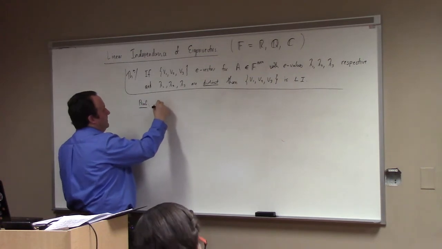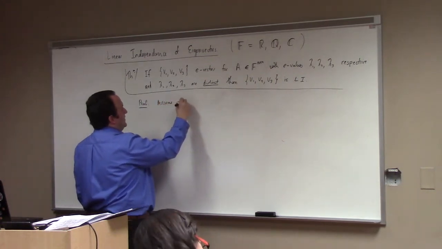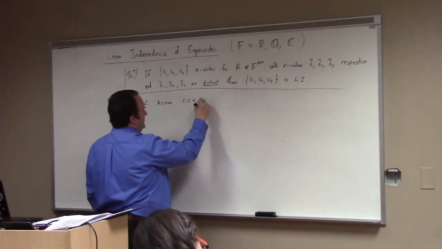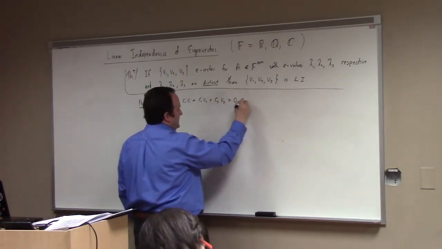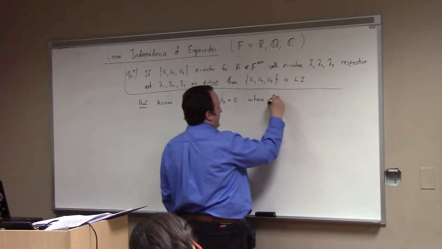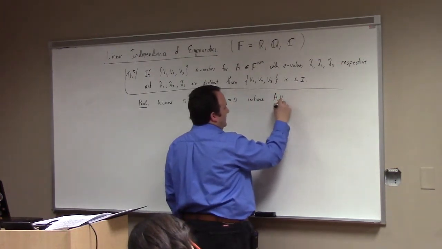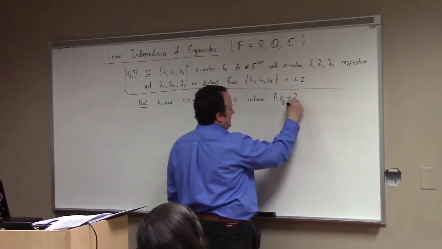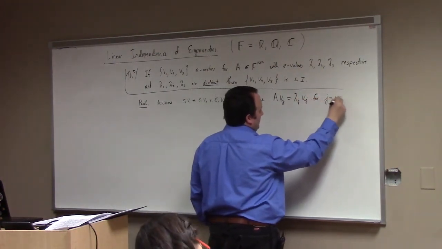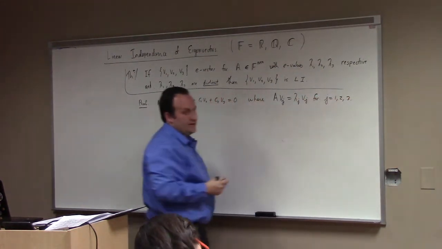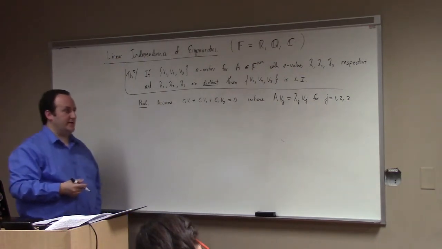We'll assume that C1V1 plus C2V2 plus C3V3 equals 0, where A Vj is equal to lambda j Vj for j equals 1, 2, 3, right? And what else?